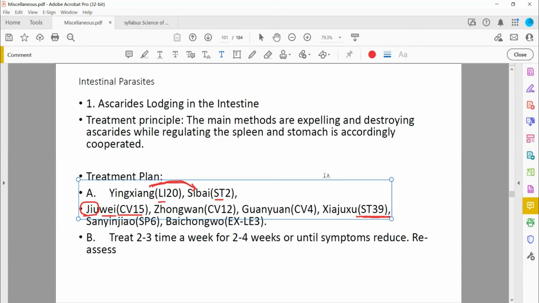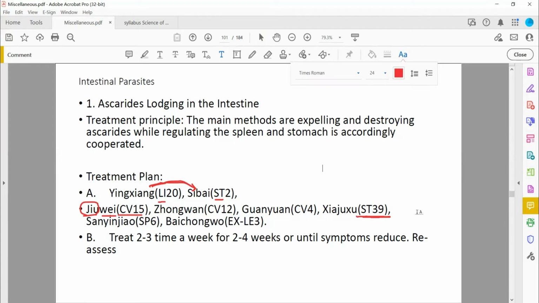Lower He-Sea point. What's this one called? Can't recall. Lower He-Sea, right?